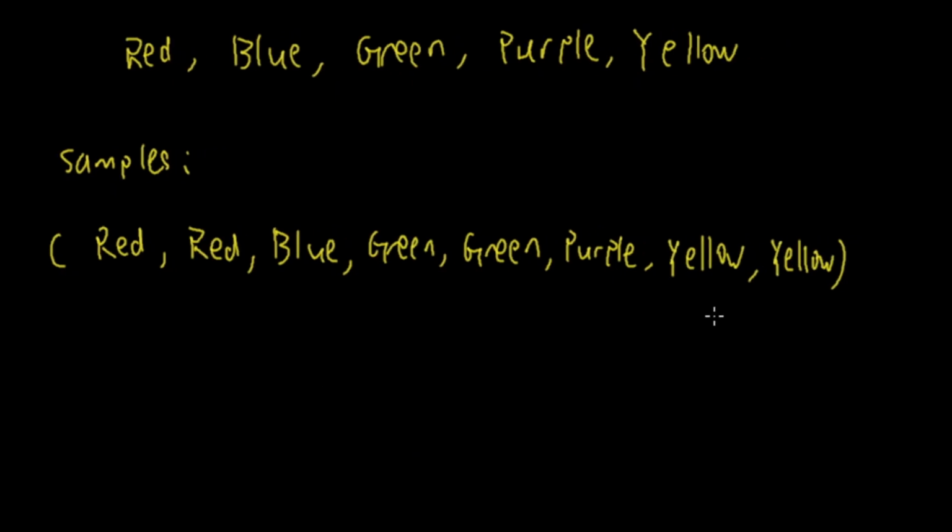So there are 8 colors in total, chosen from these 5 colors. Of course, you see some repetition here. Now I have 8 colors, and I'm going to draw a star to represent each color, so I have to draw 8 stars here.